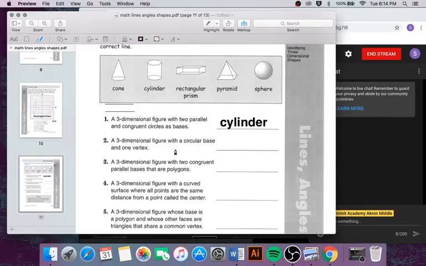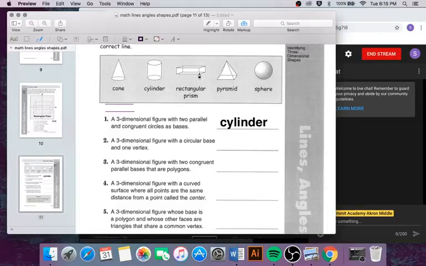So we're going to move on to number 2. It says a 3-dimensional figure with a circular base and 1 vertex. So a vertex is where sides would meet. So a pyramid has 1 vertex at the top, and this one has 4 at the bottom.